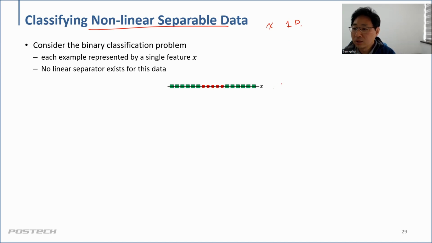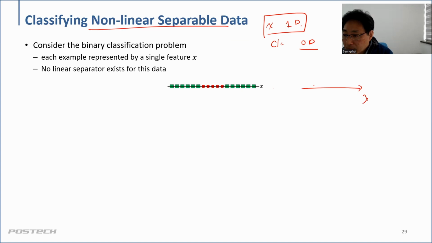For one-dimensional space, the classification boundary is zero-dimensional, which is a point. If x is two-dimensional space, the classification boundary is probably one-dimensional, like what we did before.